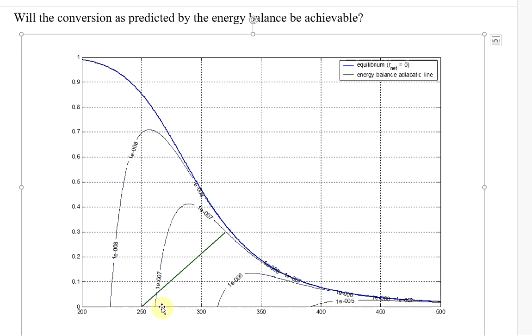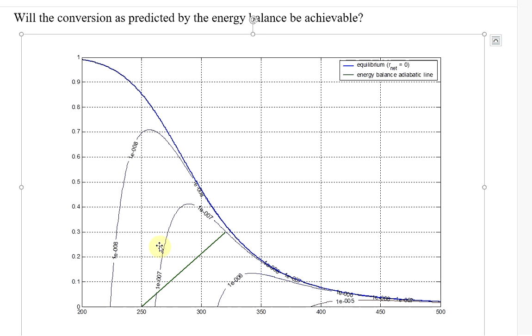And where we choose to stop on this line basically defines our design. So if we say, okay, I want to stop here, I want my exit temperature to be 300, then that defines a specific reaction rate. So if we pick a point here, that defines a temperature and a conversion.